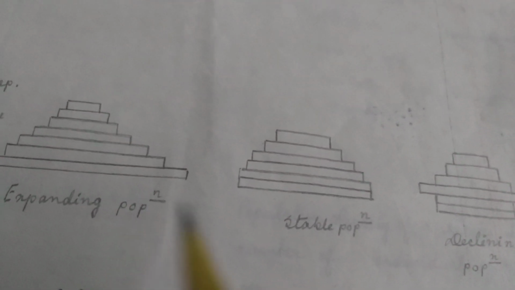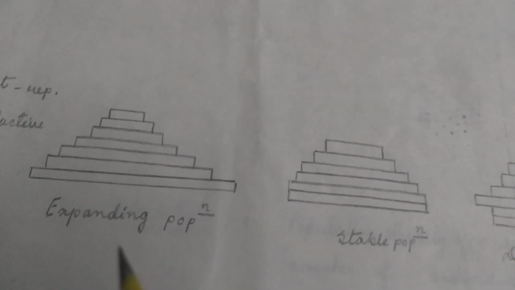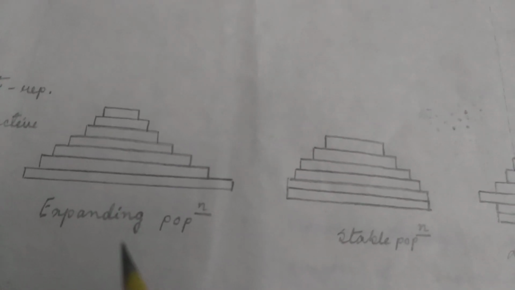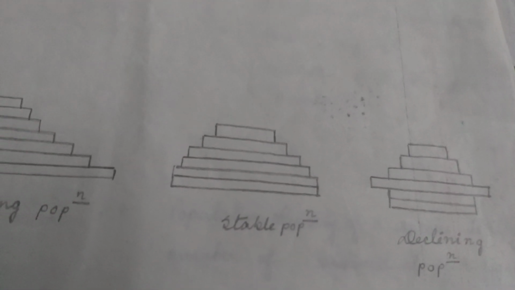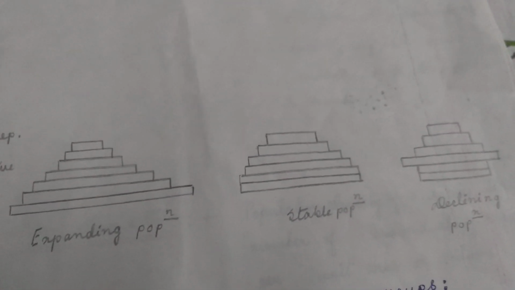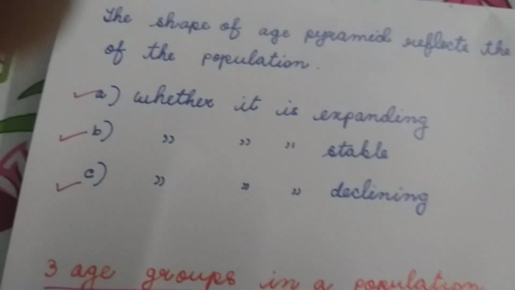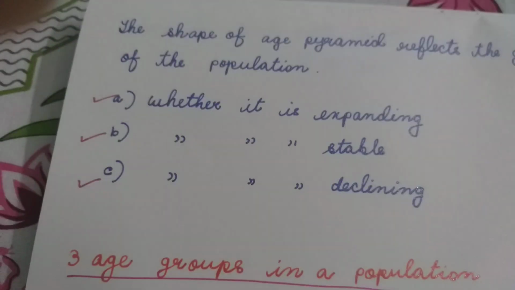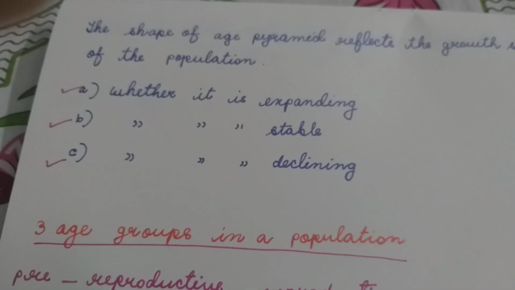Accordingly, we can construct three different types of age pyramid: age pyramid for expanding population, for stable population, for declining population. You have to learn what is the use of age pyramid. The shape of the age pyramid tells us the growth status of the population.